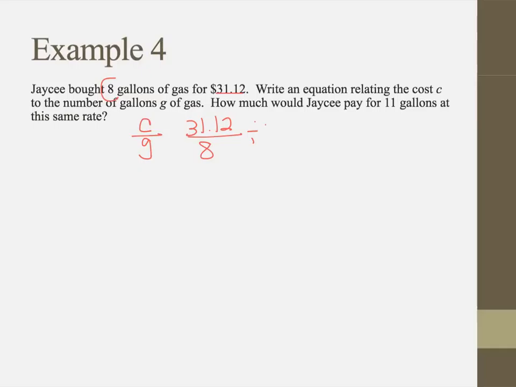To find that unit rate, we divide by 8, and 31.12 divided by 8 is equal to $3.89. So now we know that the cost per gallon is $3.89. So we have to write that equation.